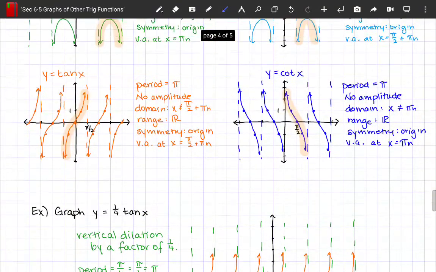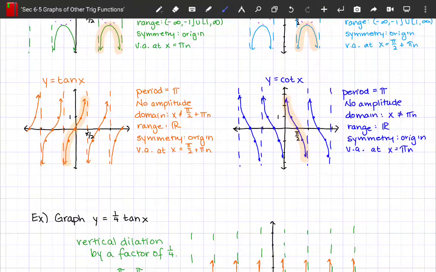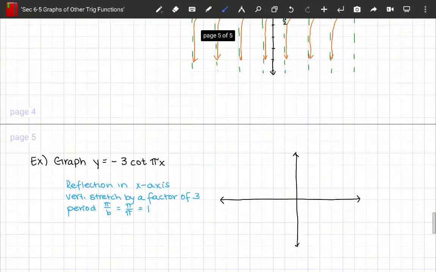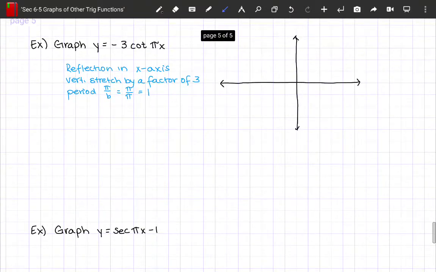The other thing to keep in mind is for cotangent graphs, if there's no horizontal shifts, one asymptote will always be at x equals 0. And then you space them apart by whatever the period is. So let's do that. We're going to start with one asymptote at x equals 0. We want the next asymptote to be 1 unit apart.